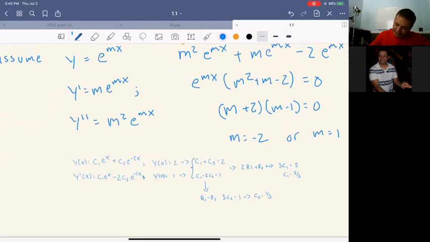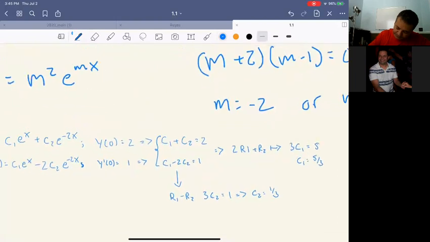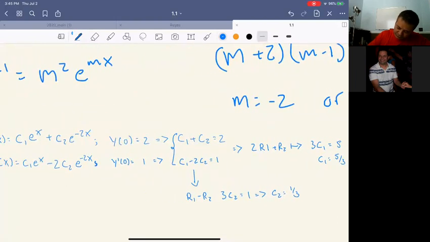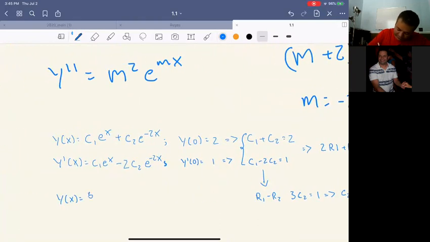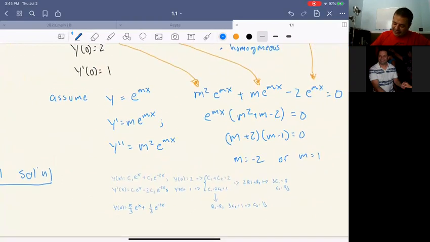So my total solution then becomes y of x equals 5/3 e to the x plus 1/3 e to the negative 2x. All right, I'll see you guys in the next video.